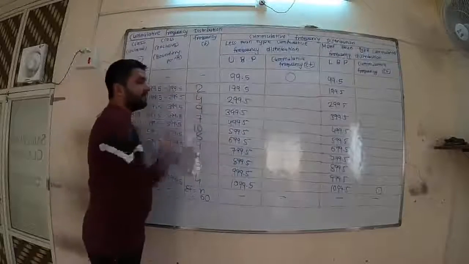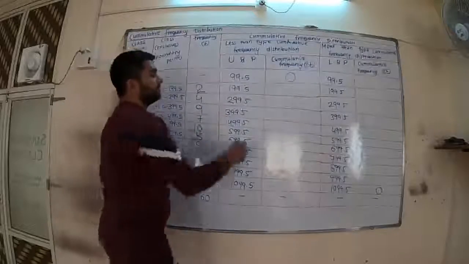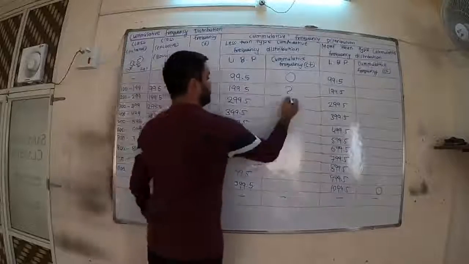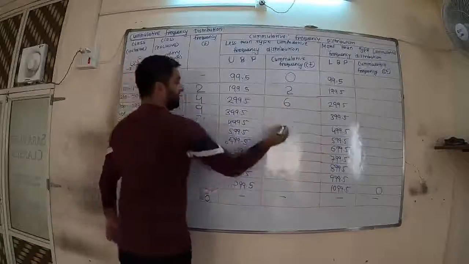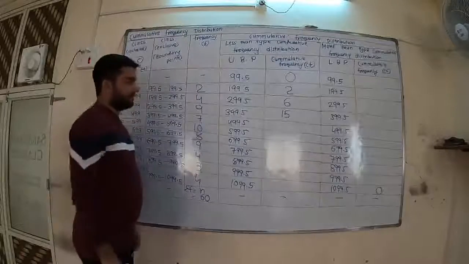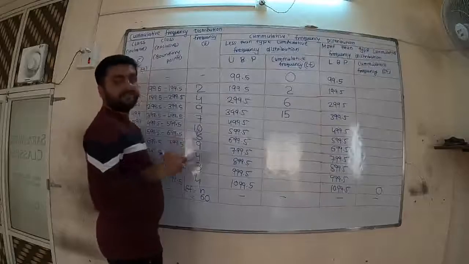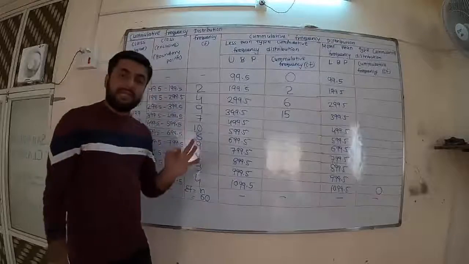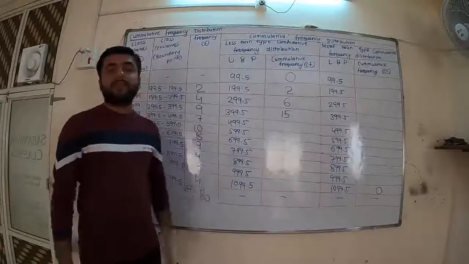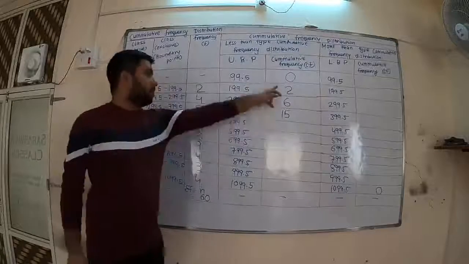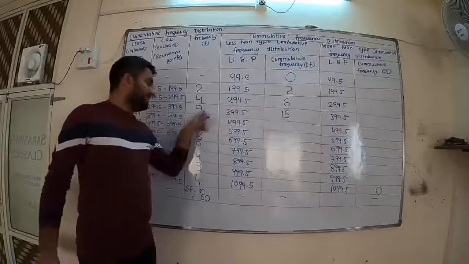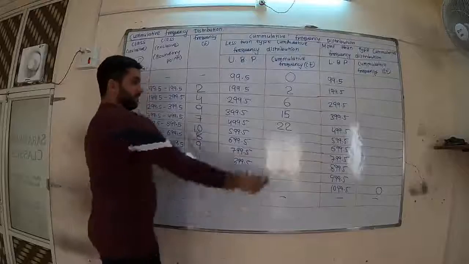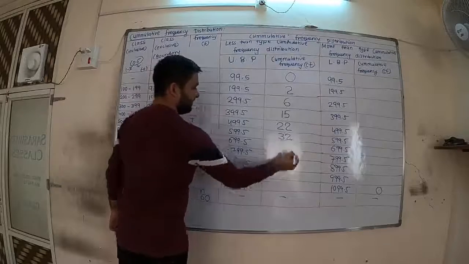The first value is 0. 0 plus 2 is 2, 2 plus 4 is 6, 6 plus 9 is 15, 15 plus 7 is 22, 22 plus 10 is 32.